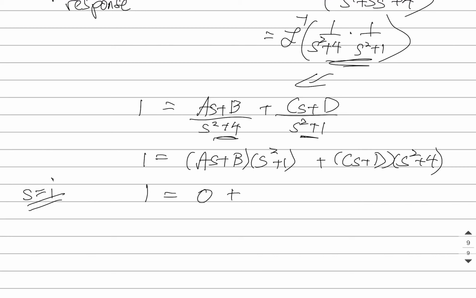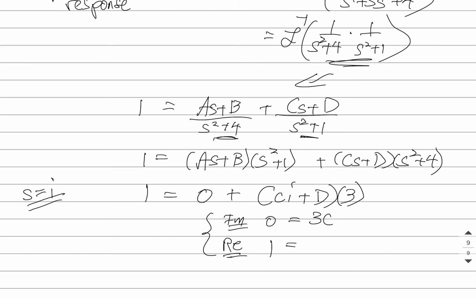The second term is going to give us (ci plus d) times 3. And that makes life really easy, because what you end up with is a system. For the imaginary part, we've got nothing on the left and 3c on the right. For the real part, we've got 1 on the left and 3d on the right. So d is a third and c is 0.